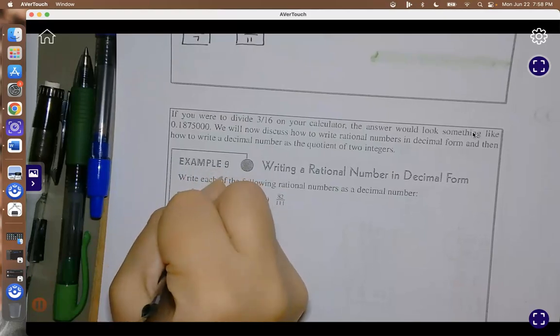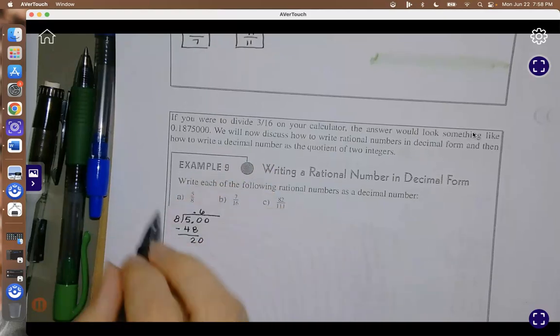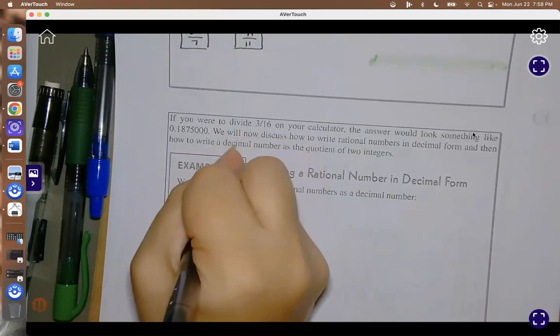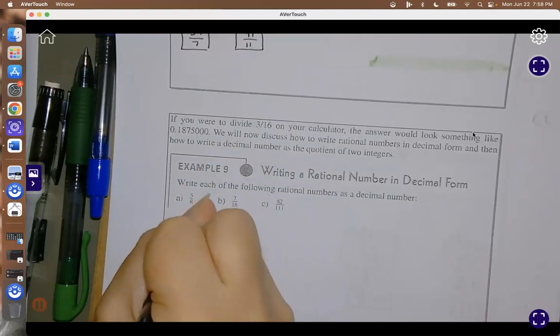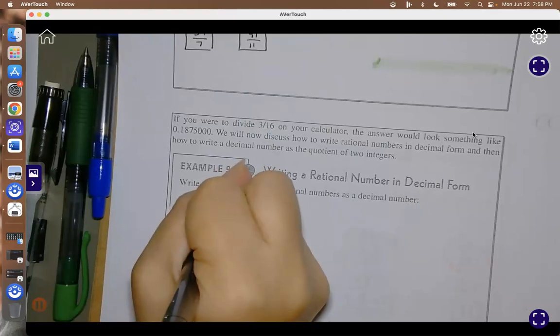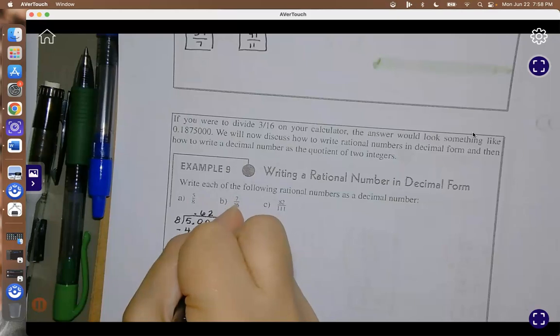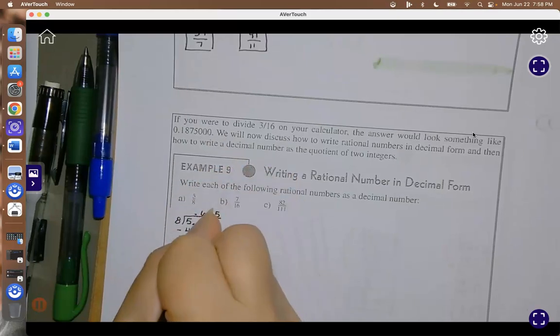Subtract that, that's a 2. Add a 0, bring it down. 8 goes into 20 2 times, which is 16. Subtract, that gives you 4. Bring down the 0. 8 goes into 40 5 times, which is 40.